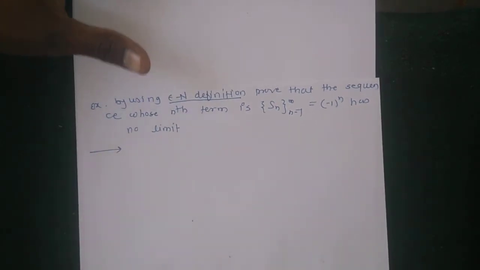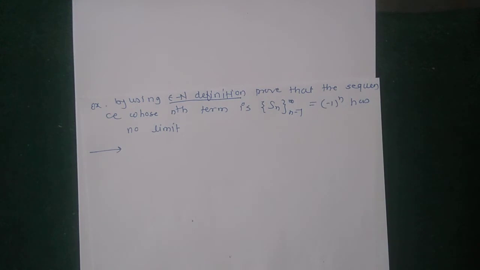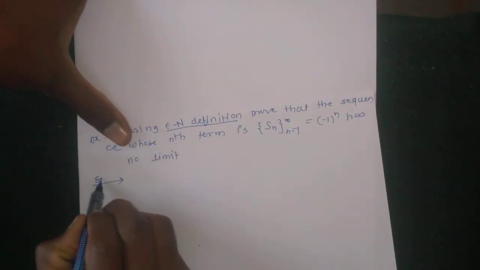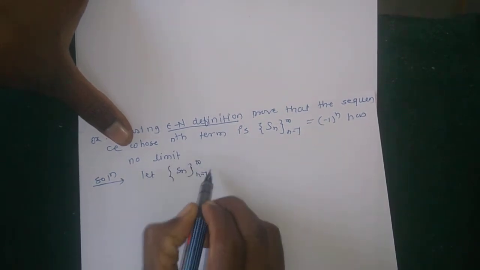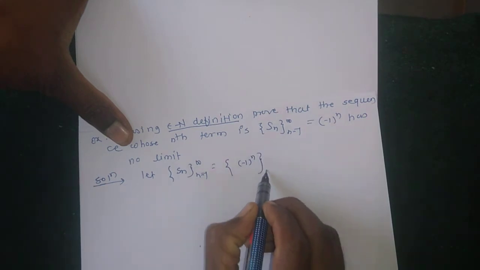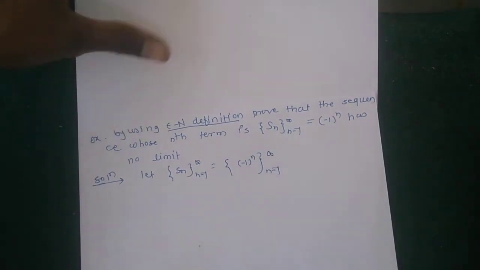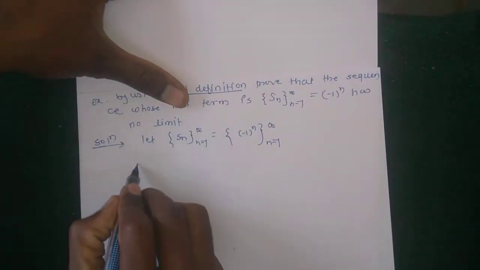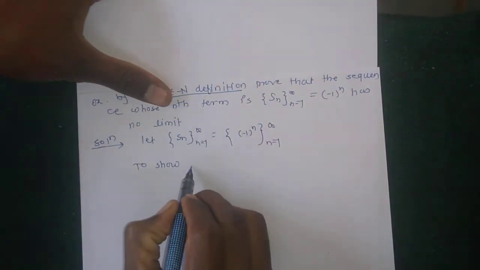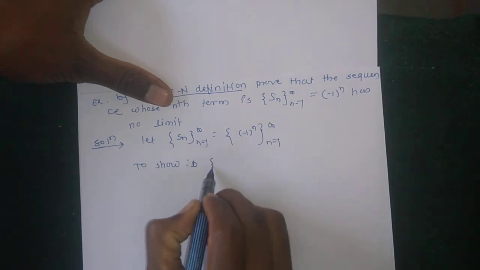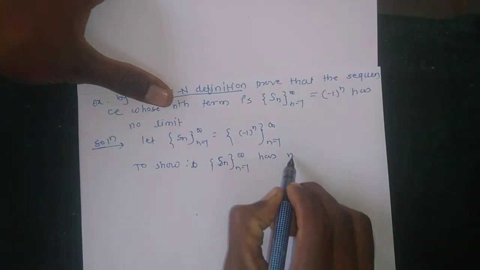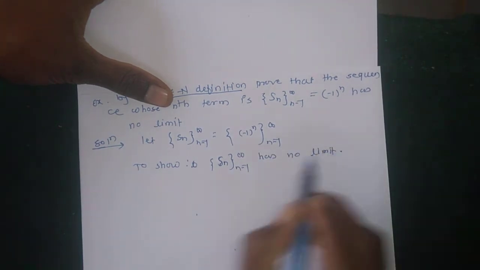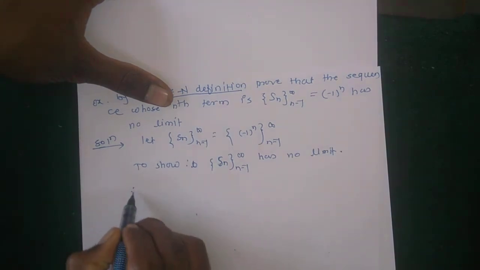Suppose that there is a limit L, then we have to reach a contradiction. Solution: let the sequence S_n, with n running from 1 to infinity, be (-1)^n. We have to show that the sequence S_n has no limit. So, proof by contradiction.